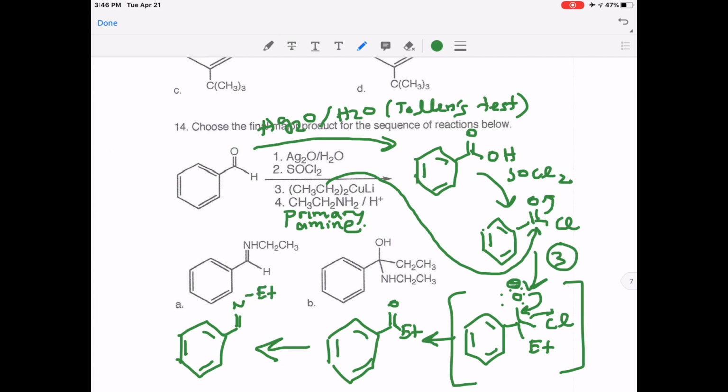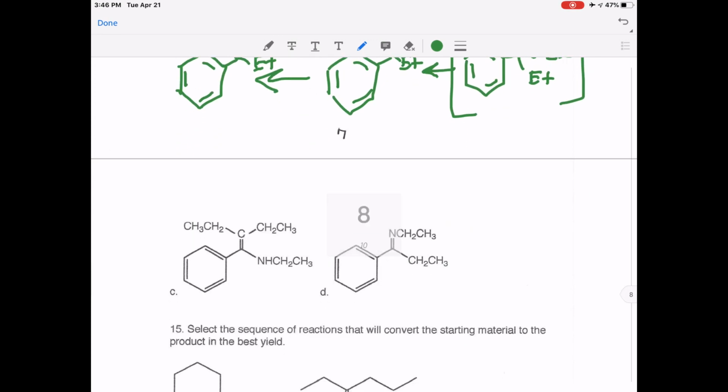The two hydrogens that were initially attached to the primary amine are removed during the process, so during the mechanism. And this eventually gives us the product of D as our final answer.